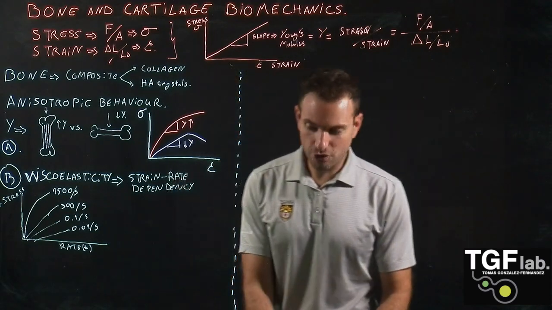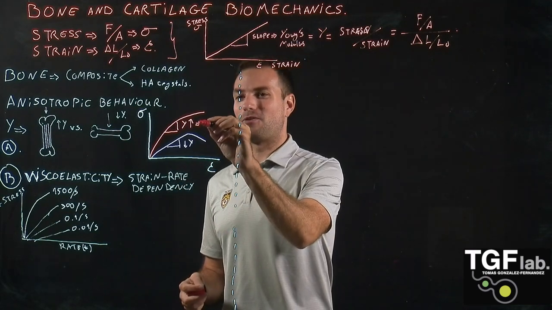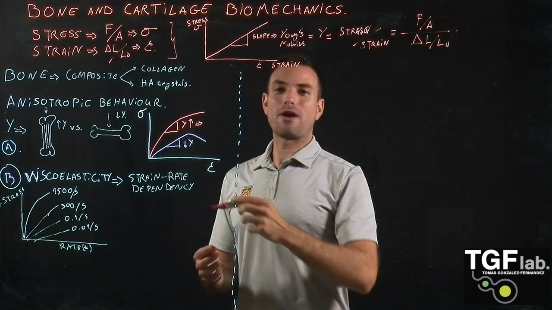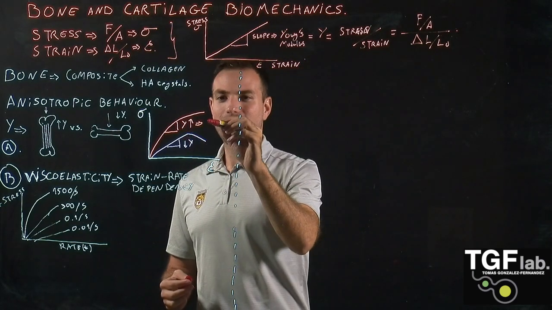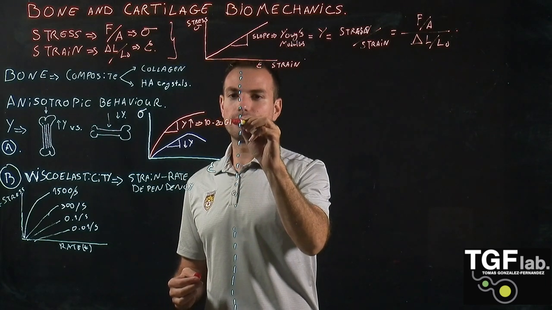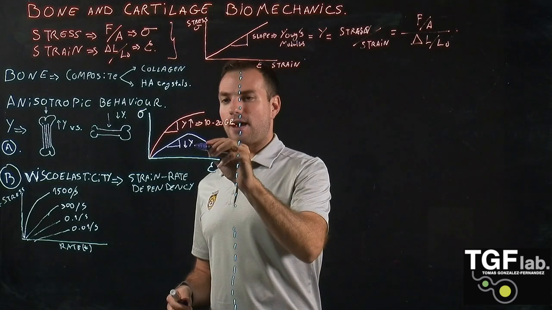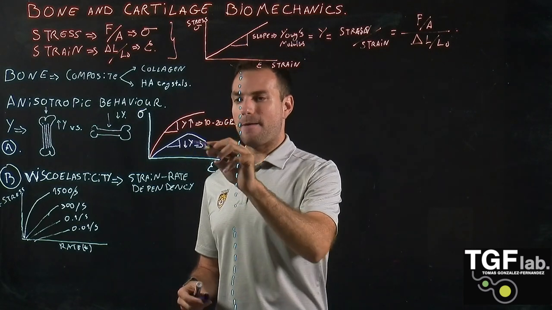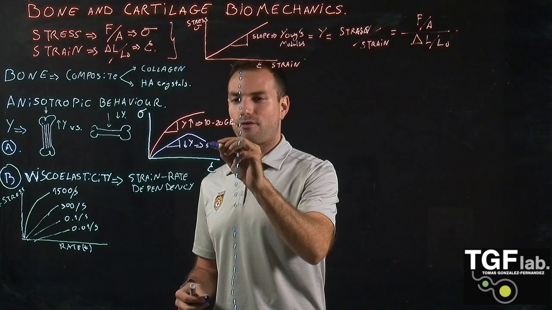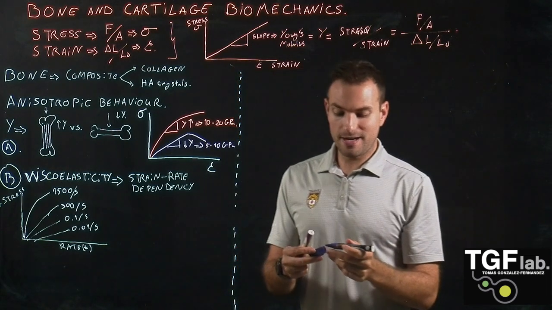Also, I forgot to mention here when I was talking about the Young modulus. When we apply the force longitudinally, the Young modulus is around 10 to 20 gigapascals. And when we apply the force radially, the Young modulus is from 5 to 10 gigapascals, which is a huge difference.